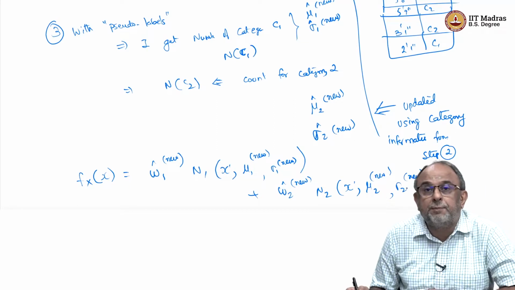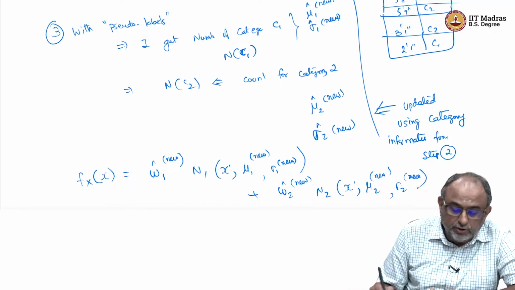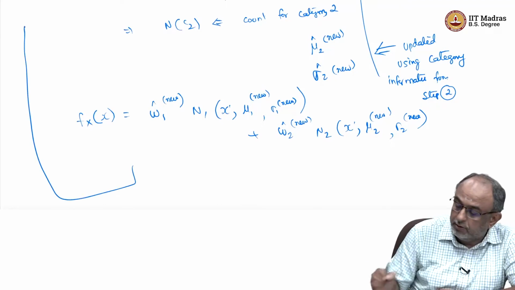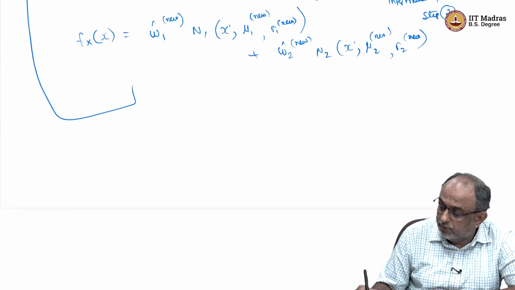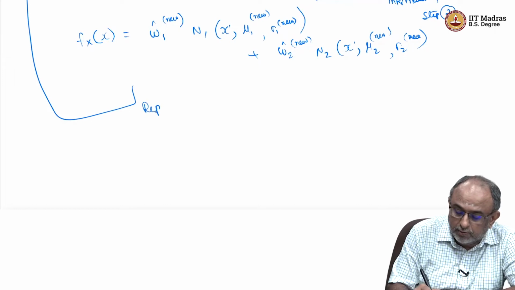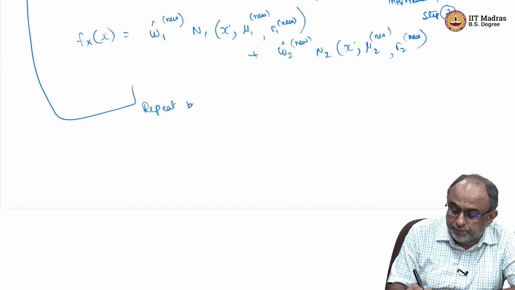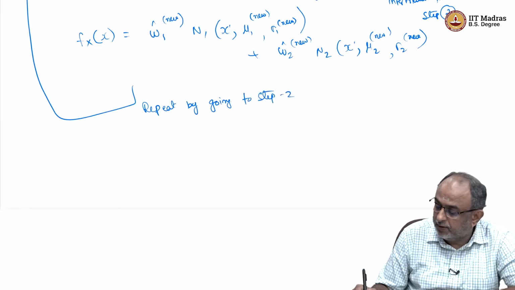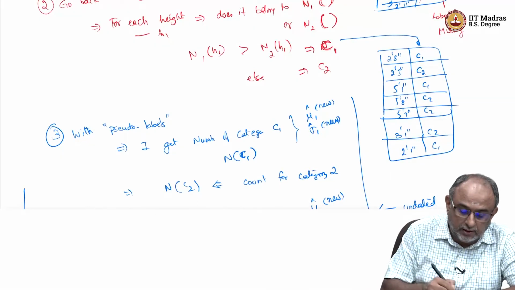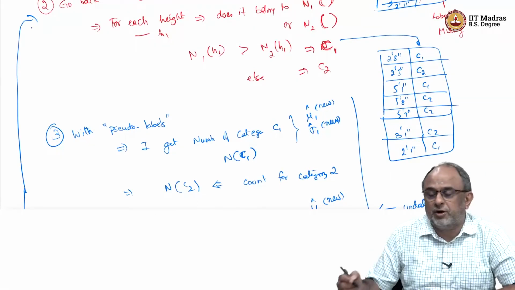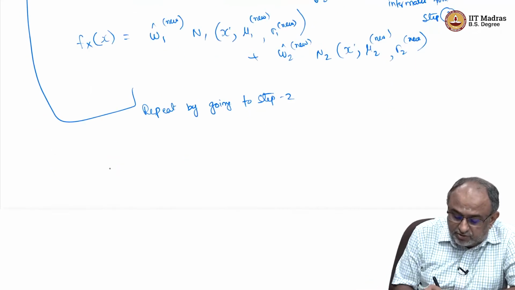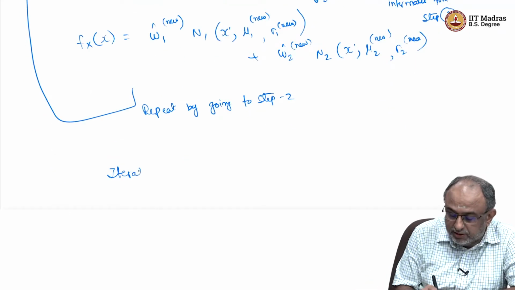This is my updated value. Now, with this I can repeat, go back and keep doing it. So, iterate until convergence. Iterate these two steps until convergence.